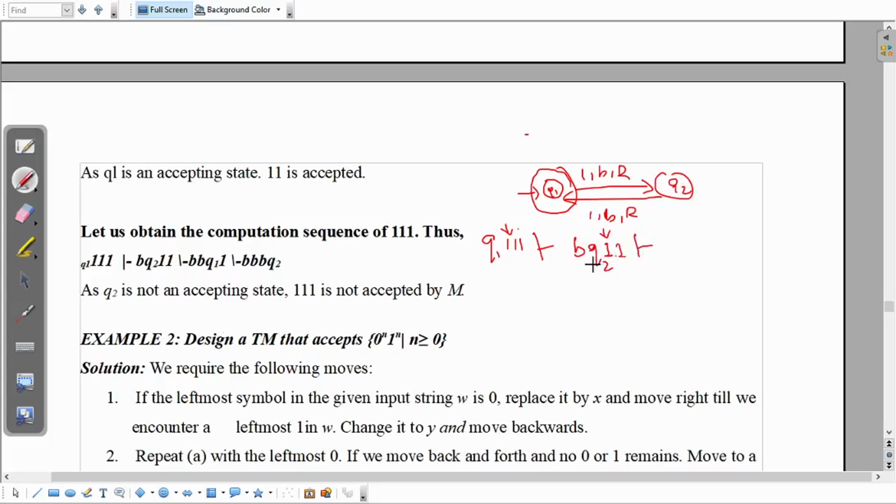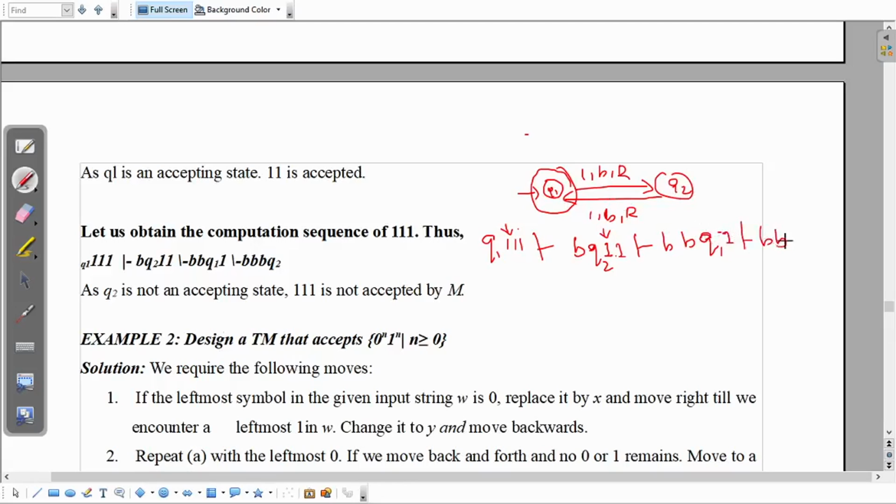Next, Q2 on 1 is replaced by blank and then takes a right move. That means the state should come before the next character it is going to read. So again Q1 on 1 goes to Q2 and it takes a right move.